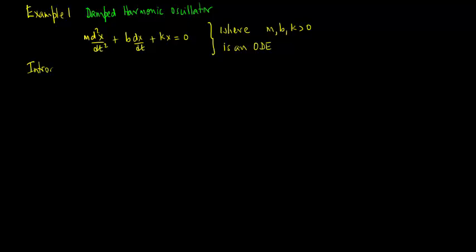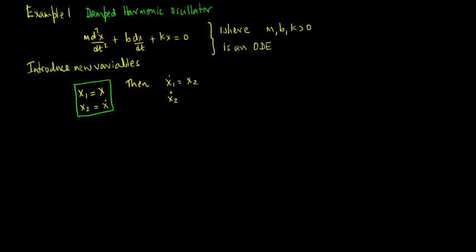Now, what we do is we introduce new variables. x1 is equal to x and x2 is equal to x dot. Then x1 dot is equal to x2 and x2 dot is equal to x double dot, which is equal to minus b/m x dot minus k/m x, which is minus b/m x2 minus k/m x1.